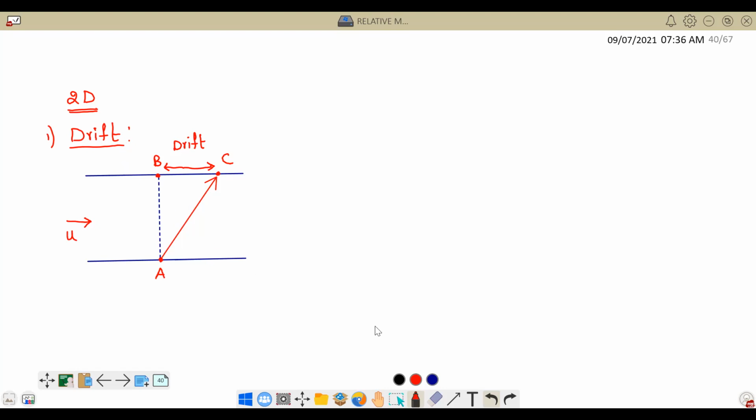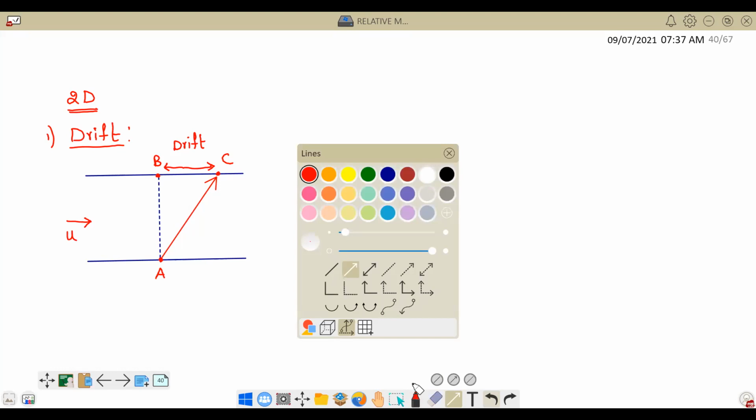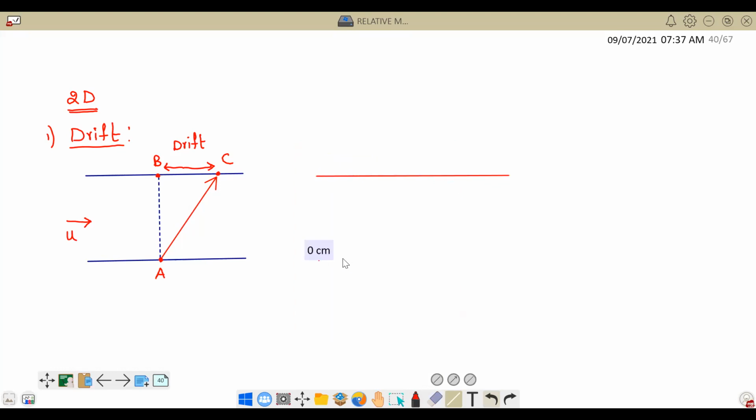Are you able to understand? Or sometimes what happens is, suppose you are starting here, and maybe you are aiming at here. You want to reach here. Can you reach B when there is a river velocity?